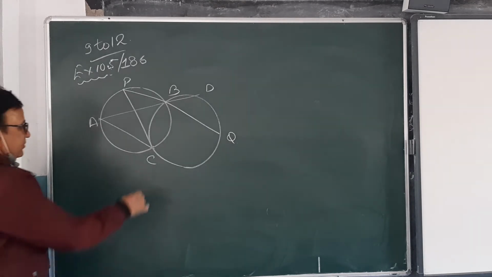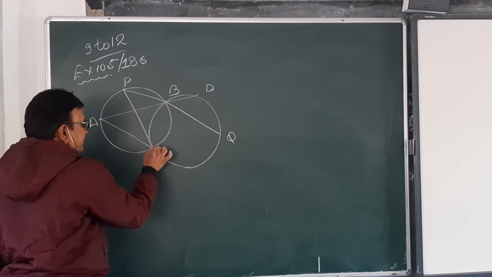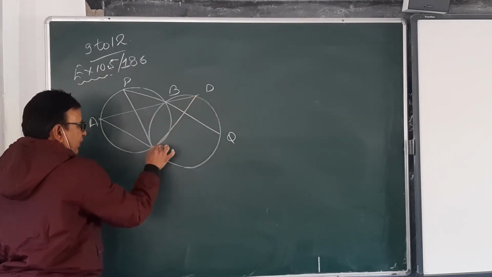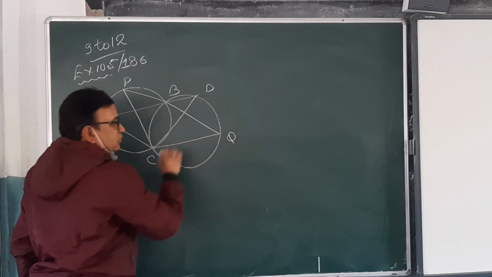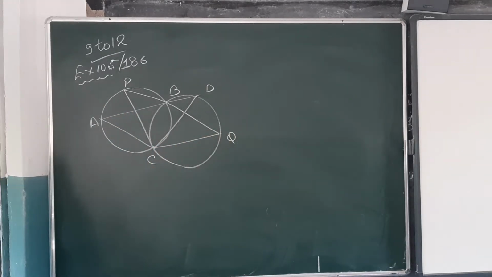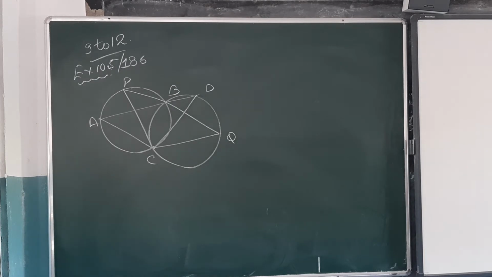Same thing for this circle: join CD and CQ. Right? In this way, if you draw, you will find it easier to make the diagram.